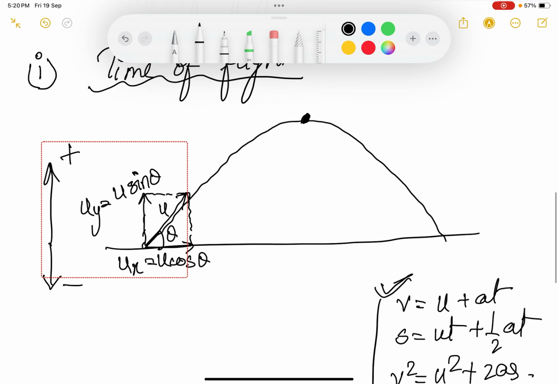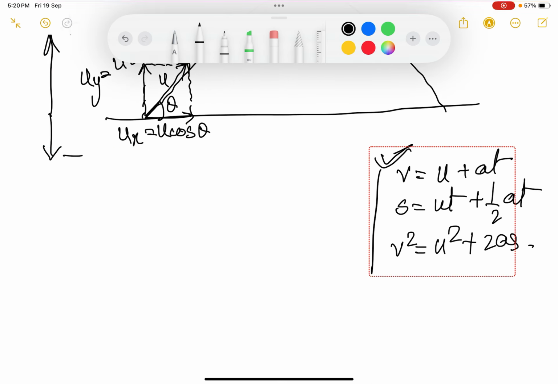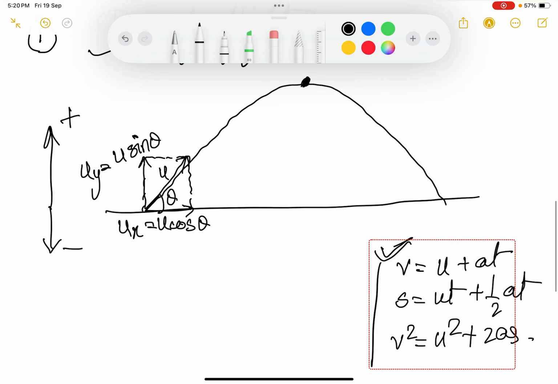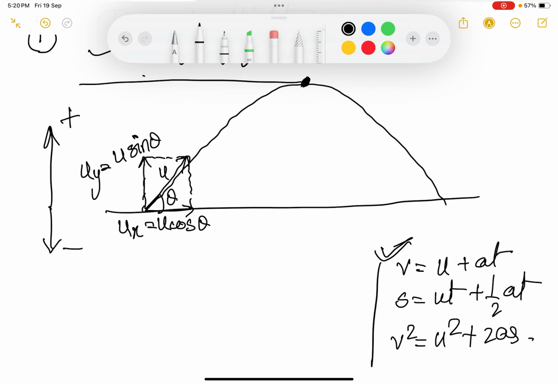Suppose we have thrown the object upward, when we are calculating the upward motion we have to only consider vertical motion, means vertical velocity, and at what time it will reach the topmost position. The time taken by the object to reach the topmost position will also be equal to the time required for the object to come down to the ground.